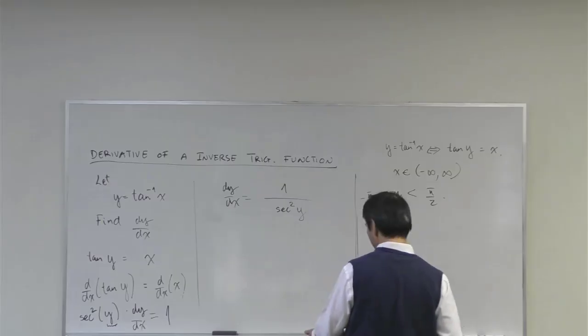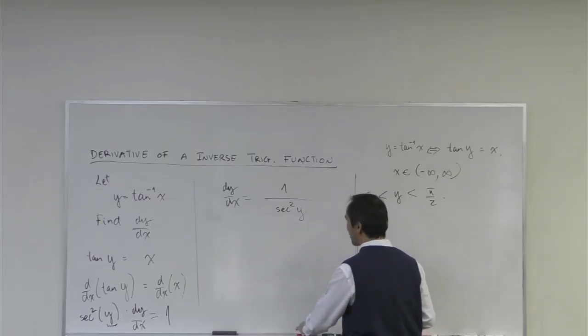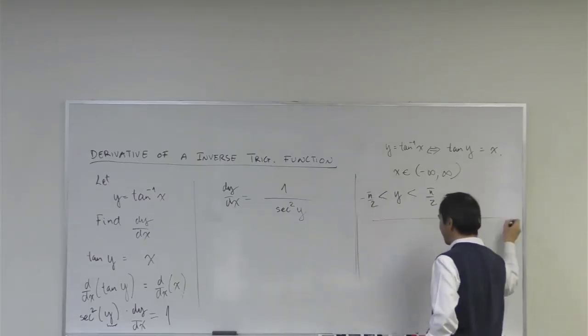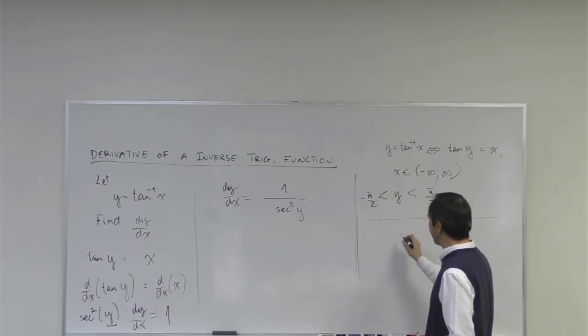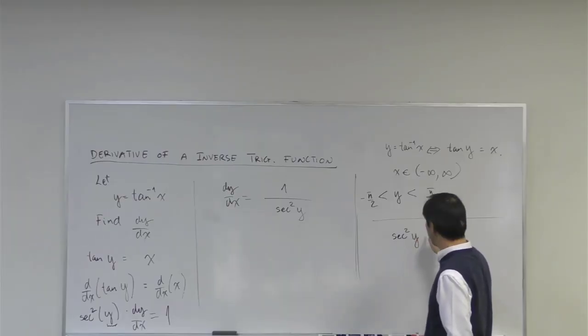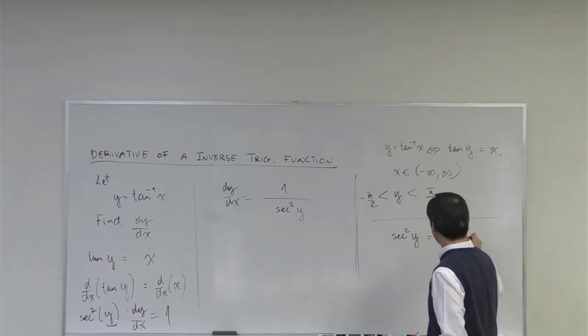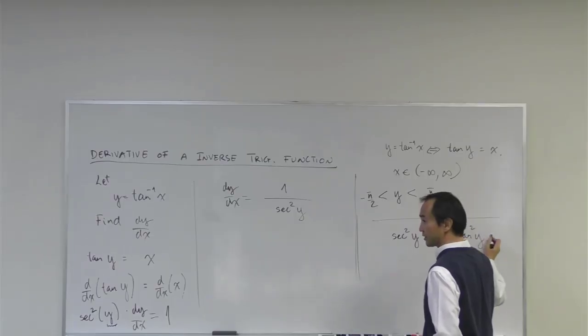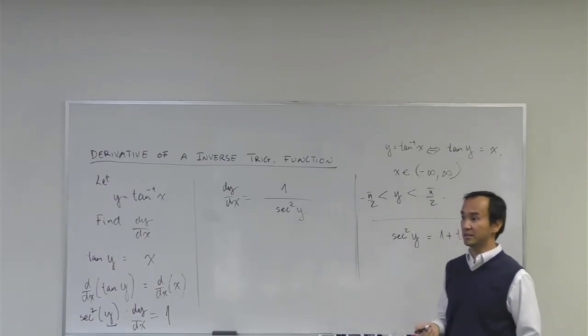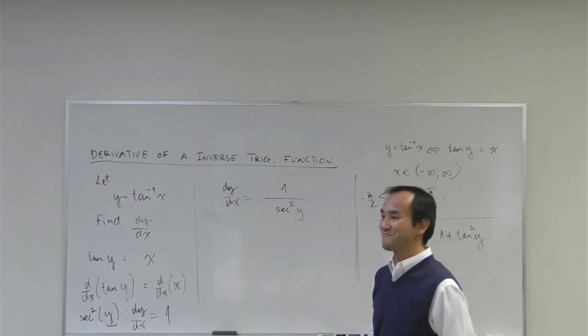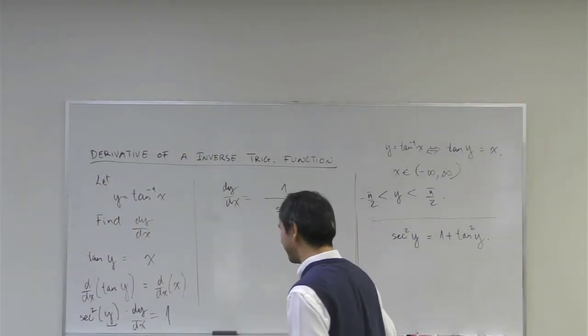And then let me remind you guys of another important trig identity. Back in the days that you were learning trigonometry, secant squared of any angle will always equal 1 plus tangent squared of the same angle. You guys remember that still? Or right now it's just a reminder.